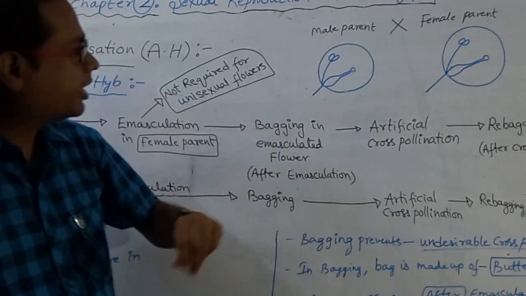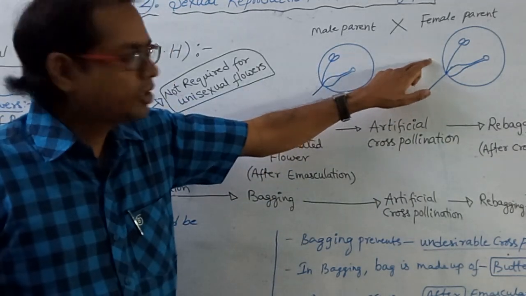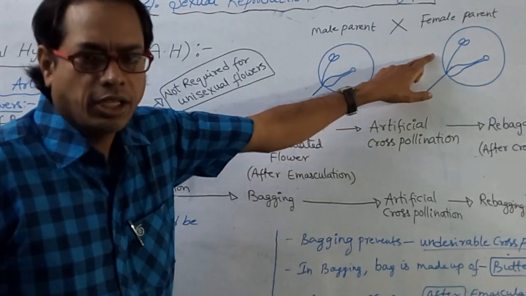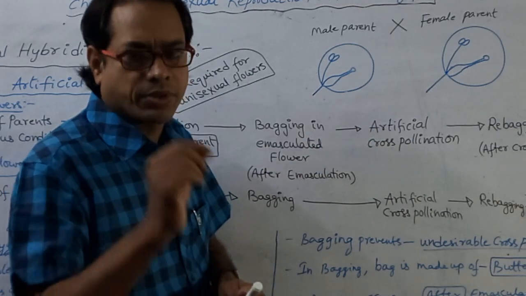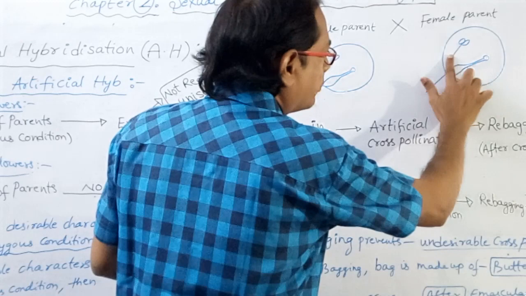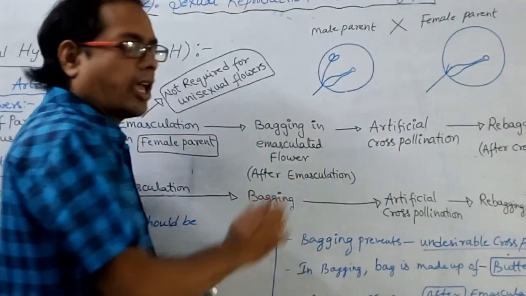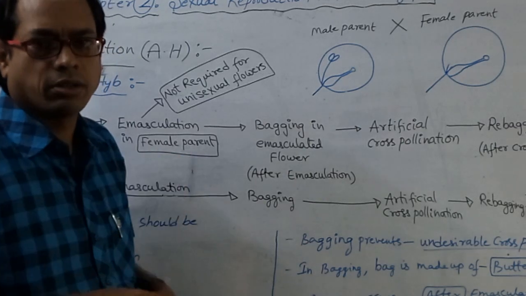So we are taking the female parent. In this female parent, with the help of forceps, I am removing the stamens or anthers. This process is called emasculation.